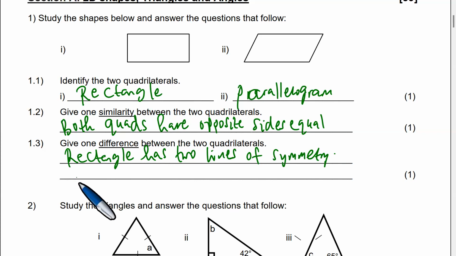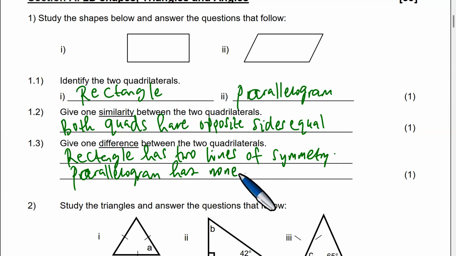A parallelogram has none. So a rectangle has two lines of symmetry, a parallelogram has none.